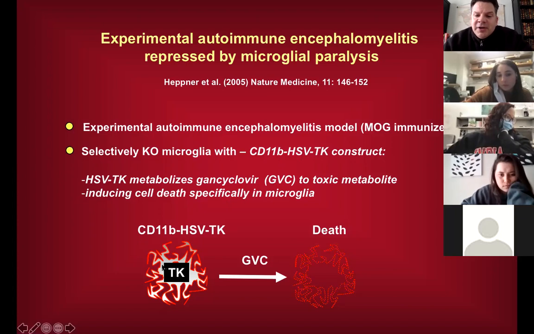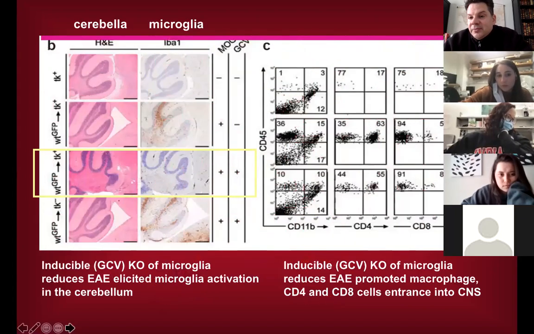All right, so think about this experiment. If you did it just with Plexxikon, you could eliminate all the microglia, right? This predated that, but I think the effects are pretty similar to what they found, which is that when they eliminated microglia, they saw less CNS pathology. I'm just showing you some of the data slides.